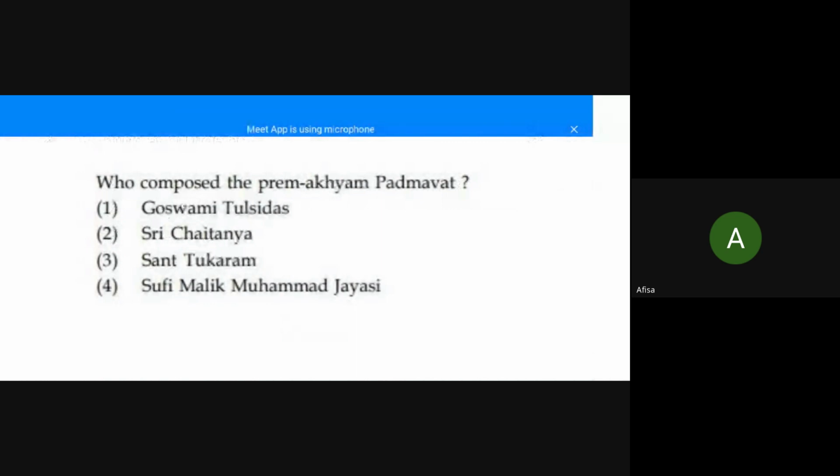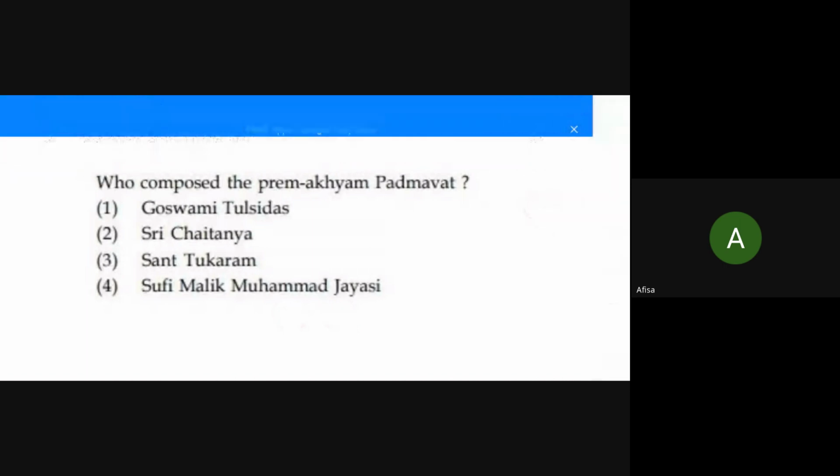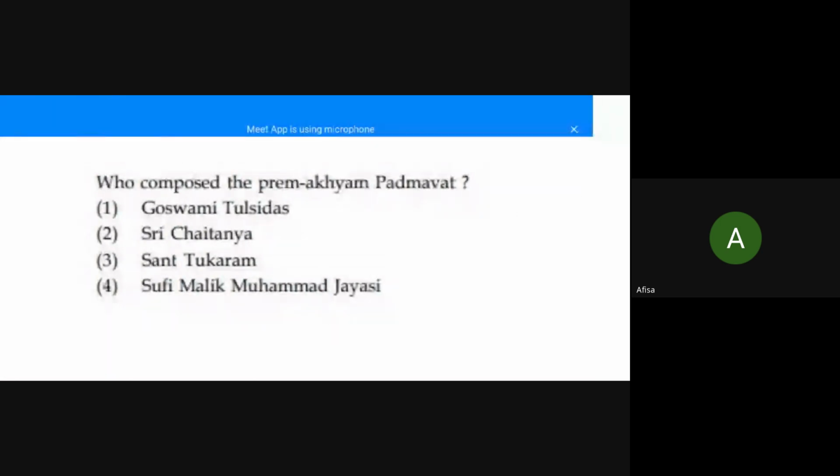Next question is who composed the Prem Kavya Padmavat? Goswami Tulsidas, Sri Chaitanya, Sant Tukaram, or Sufi Malik Muhammad Jaisi. Answer is Sufi Malik Muhammad Jaisi.